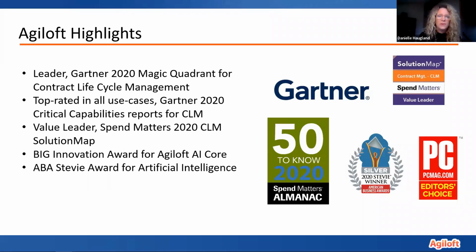Even before the investment, though, Gartner recognized us as a leader in its first ever CLM Magic Quadrant. And then a few weeks later, in its critical capabilities report, Gartner put Agiloft as the top rated CLM vendor in all 4 use cases: legal, sales, procurement, and enterprise.